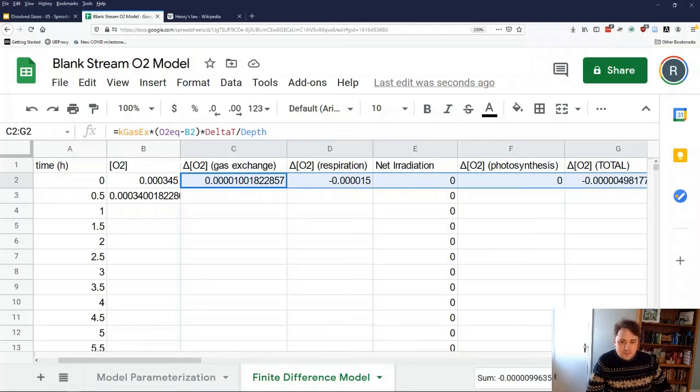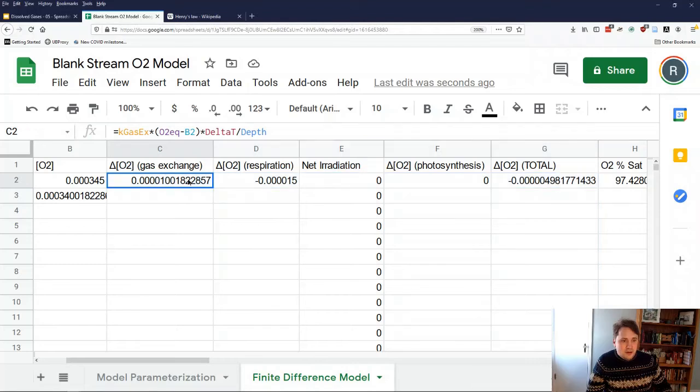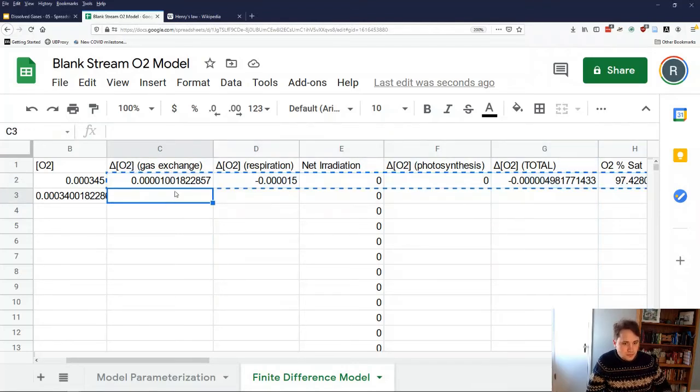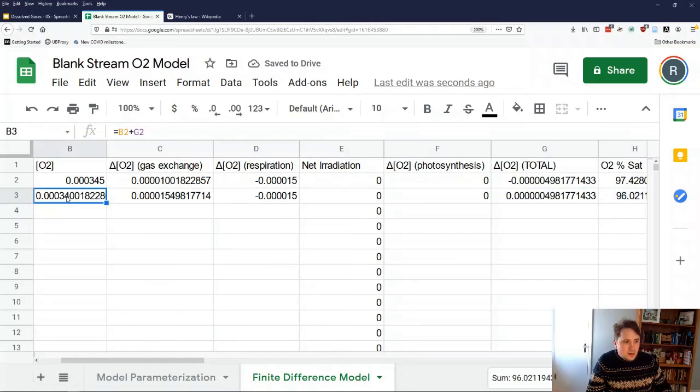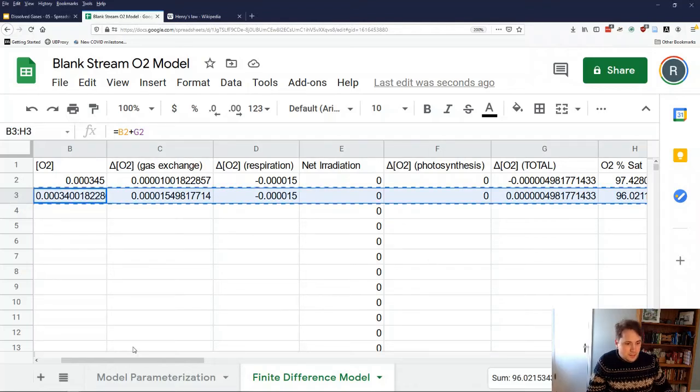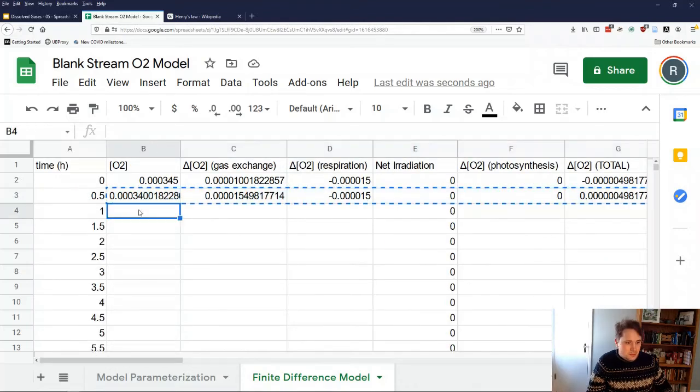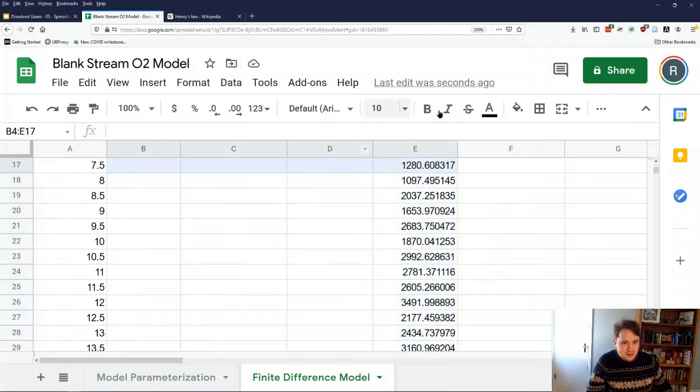I'm just going to come over here, copy all these columns, paste it into here. And now, I think we have something that we can copy and paste into every row. Just grab all these things, copy, moment of truth.